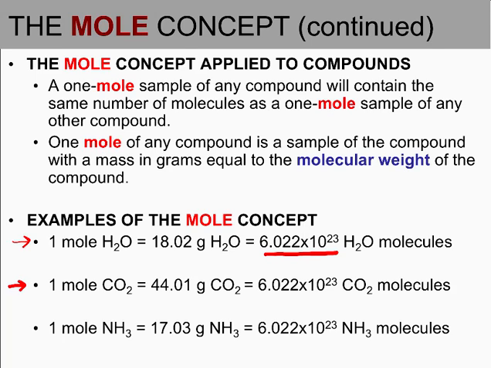If we have 1 mole of CO2, which is carbon dioxide, we also have Avogadro's number of CO2 molecules. And if we have 1 mole of NH3, which is a molecule called ammonia, that means we also have Avogadro's number of NH3 molecules.